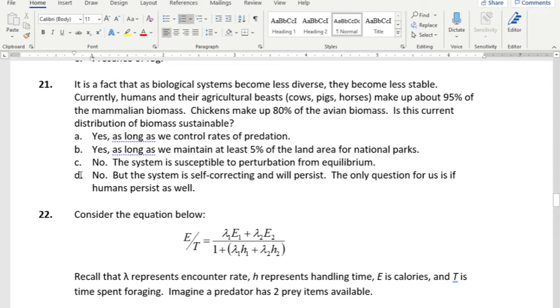Okay. Recall when we had our discussion of food webs and food chains, right? Stability of the system was dependent on the connectivity of the system, how many links there were in the system. The fewer links there are, the less stable it is.